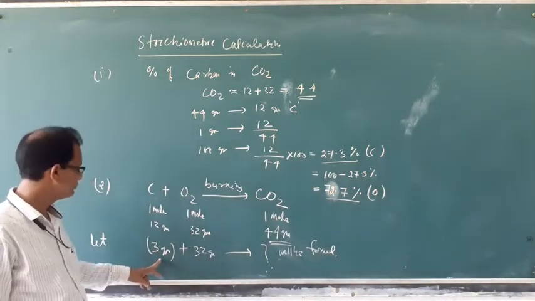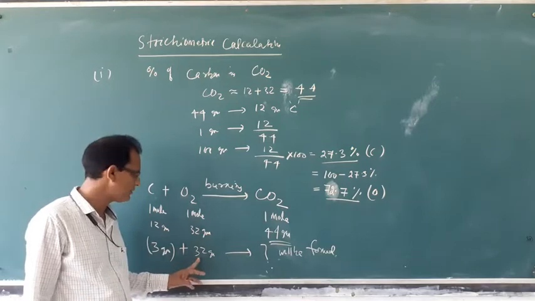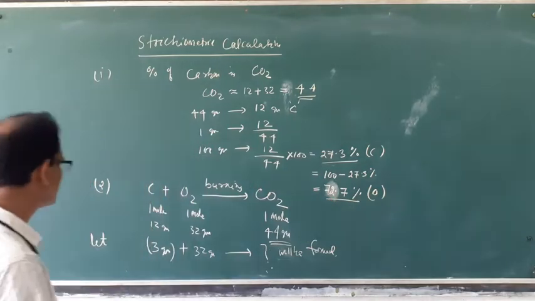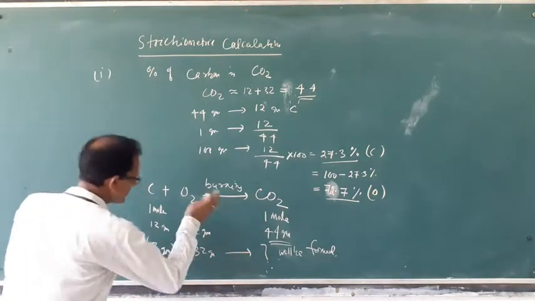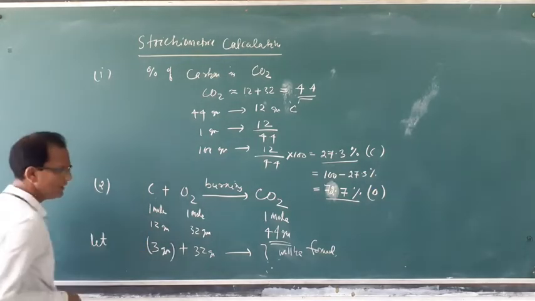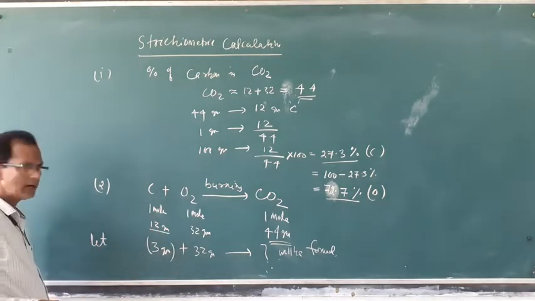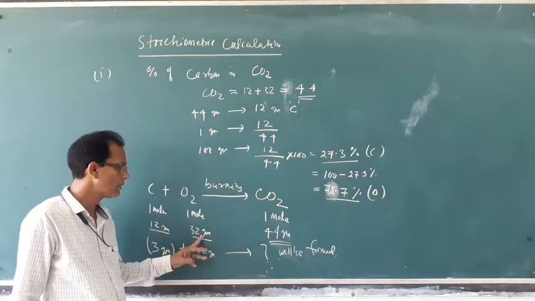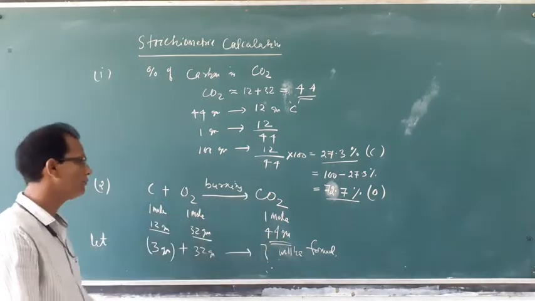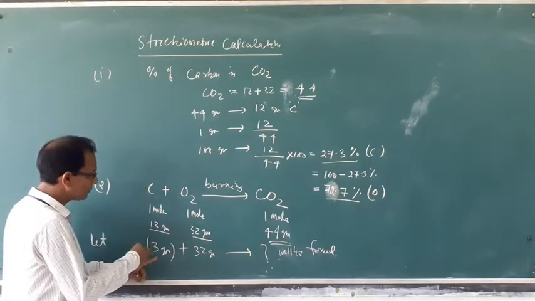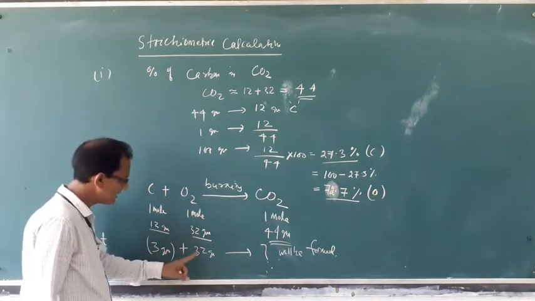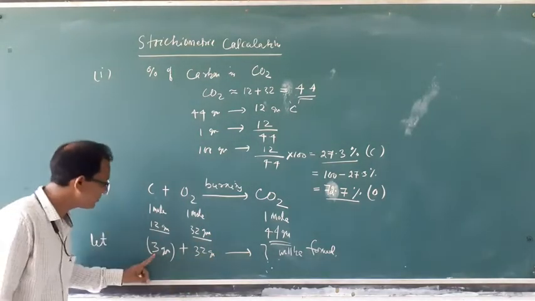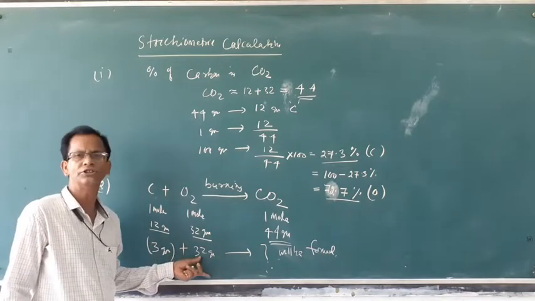Just see the previous values: 12 gram carbon requires 32 gram oxygen for formation of 44 gram carbon dioxide. But here carbon taken is 3 gram and oxygen taken is 32 gram. That means the oxygen amount is sufficient and the carbon amount is less compared to oxygen.